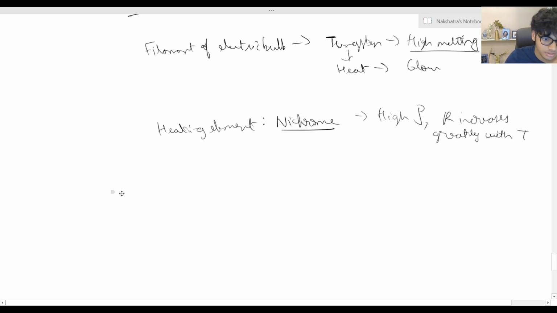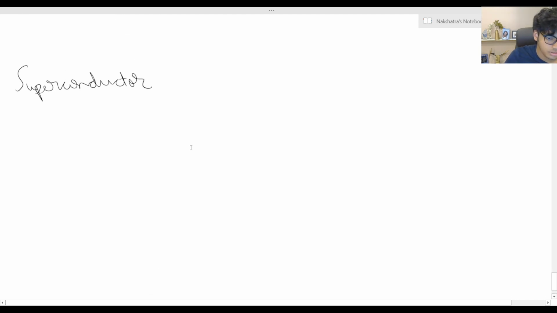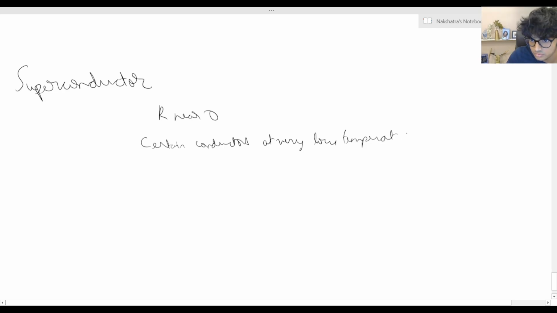Last concept is superconductor. Superconductor basically means resistance is near zero. Okay, resistance is almost zero, and this only happens in certain conductors at very low temperatures, around absolute zero, which is 0 Kelvin.